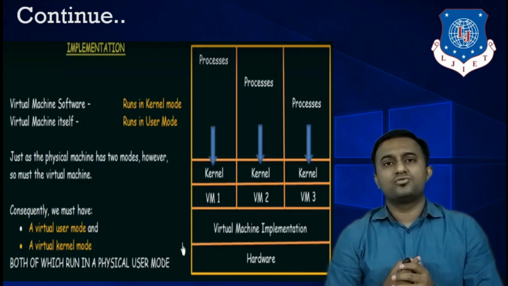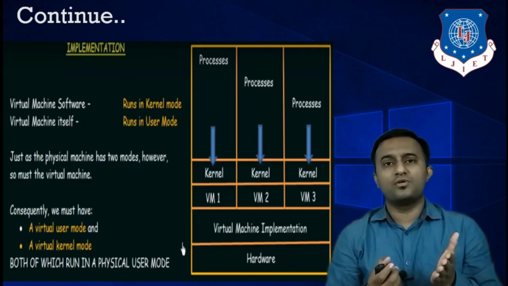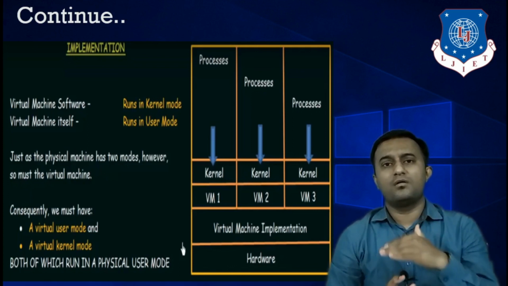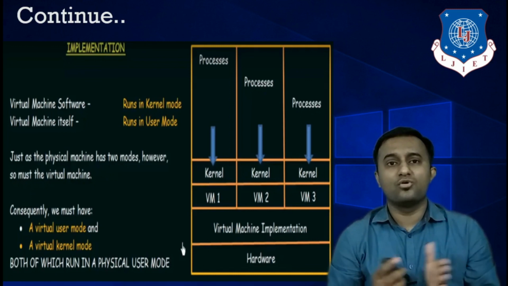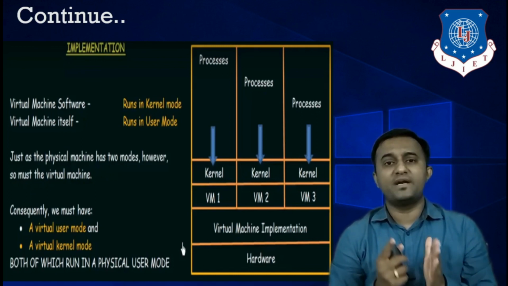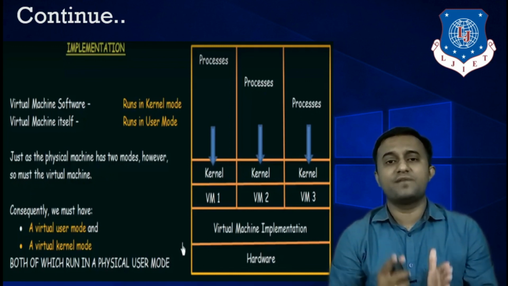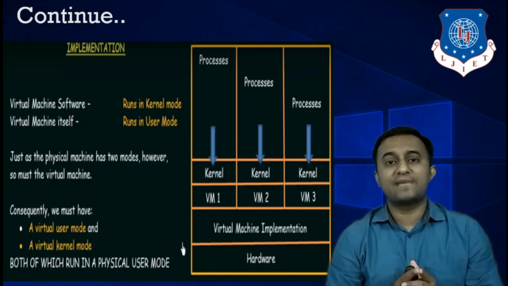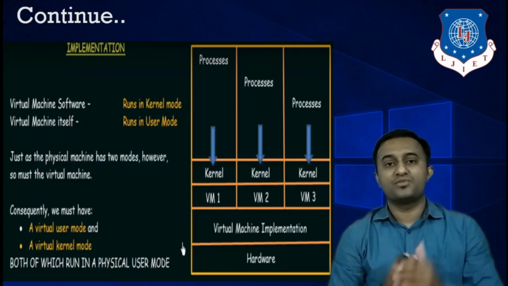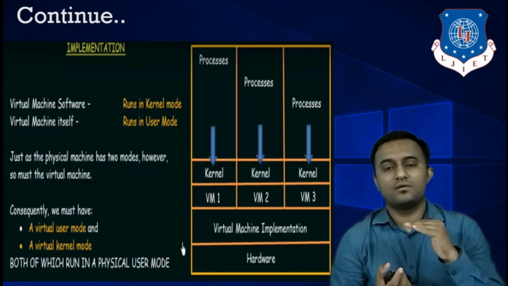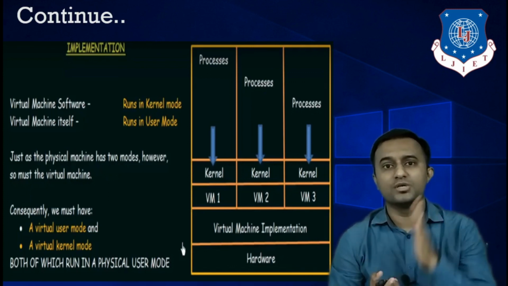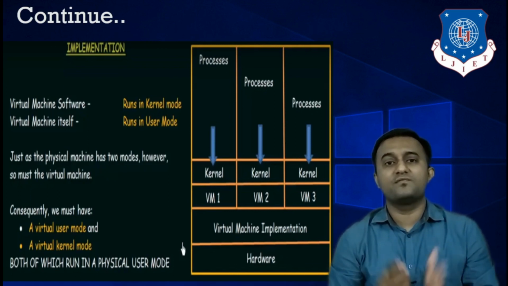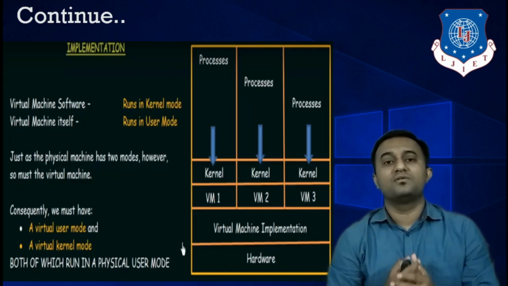Even though they work on a single operating system, it looks like they are separate machines on which these various types of Linux operating systems are installed. This concept of virtualization provides the illusion to the user that different operating systems work on different machines instead of a single machine.